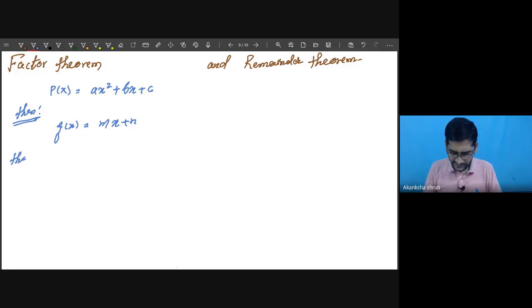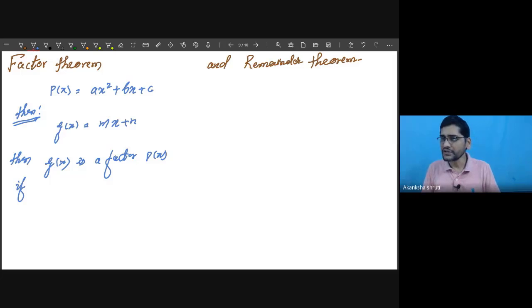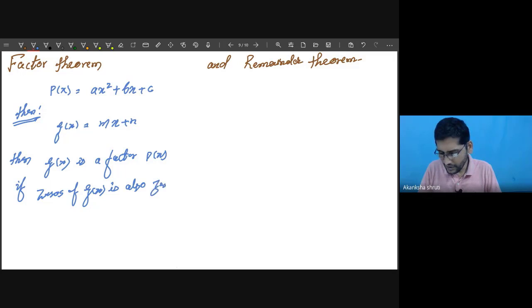Then this g(x) will be a factor of p(x) if the zeros of g(x) are also zeros of p(x). It is like this one.